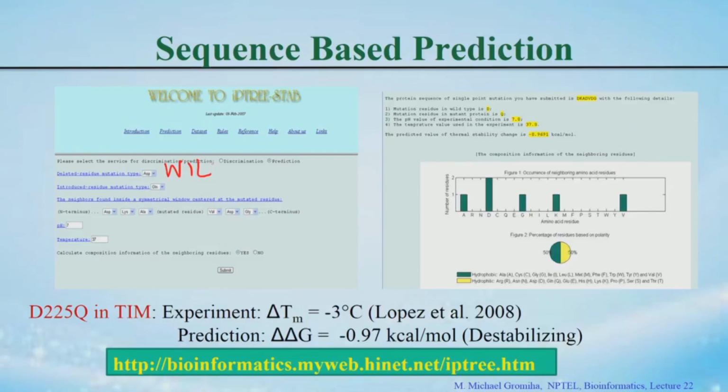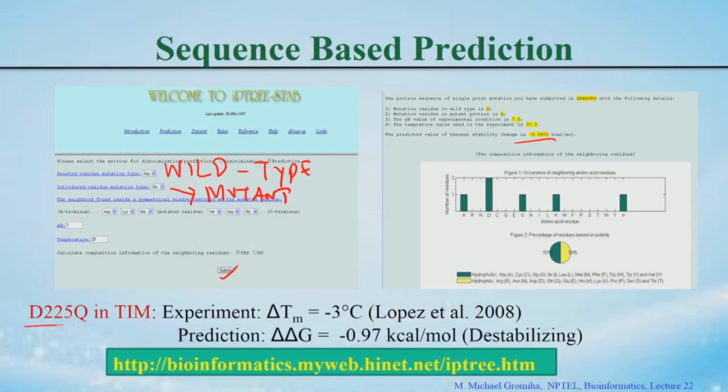Okay, this is the wild type, this is the mutant, and we have neighboring residues. Now, if we click predict, this will tell you whether it is stabilizing or destabilizing. This will tell you the stability change, and this already gives some information such as how many hydrophobic residues are nearby based on this mutation and so on.